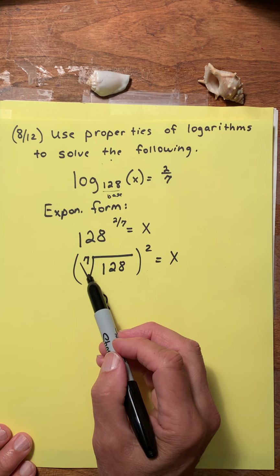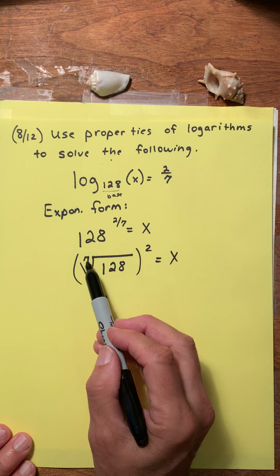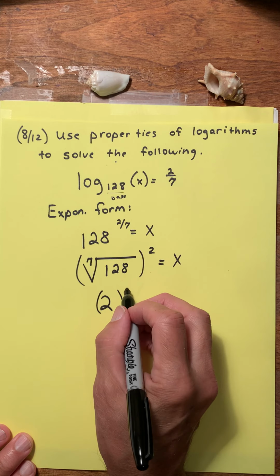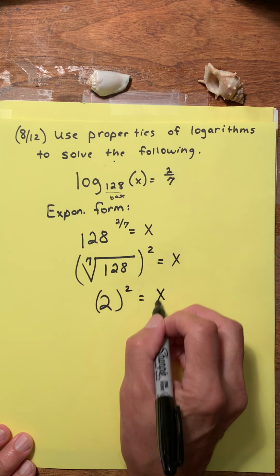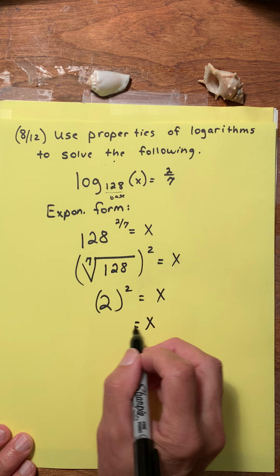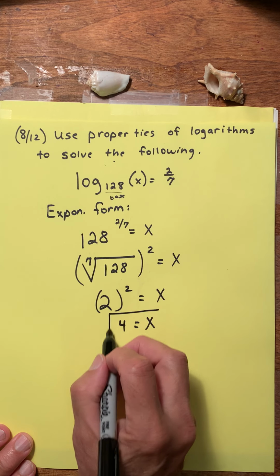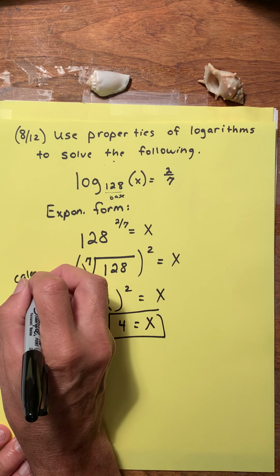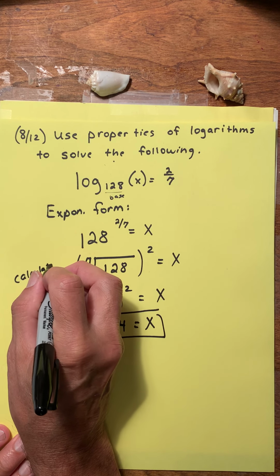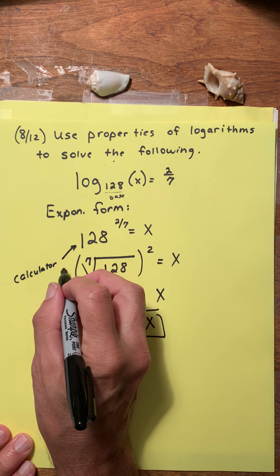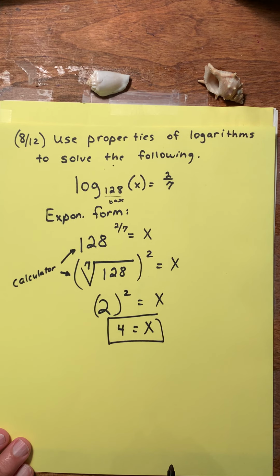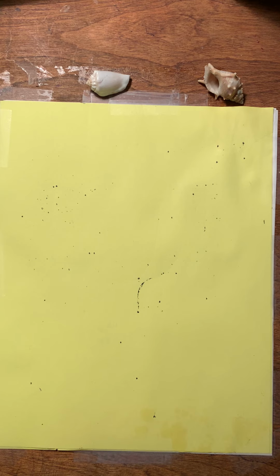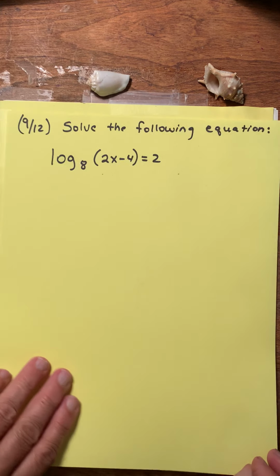The number that I can multiply by itself 7 times and end up with 128 is 2. And 2 squared is going to be 4. So I would suggest a calculator either here or here. This is not easy stuff.